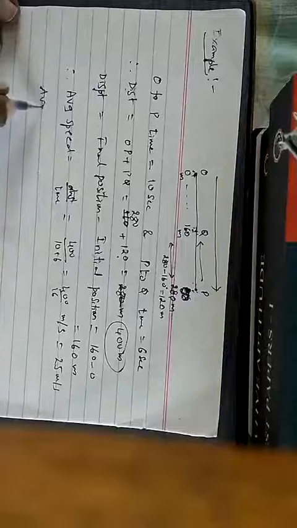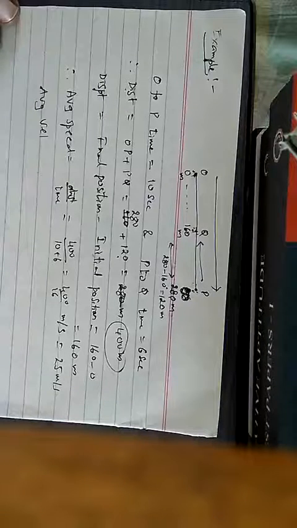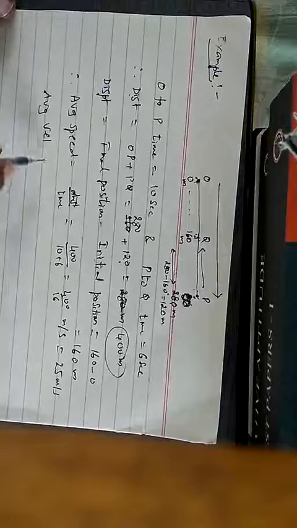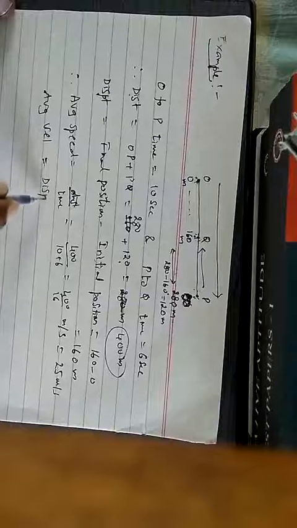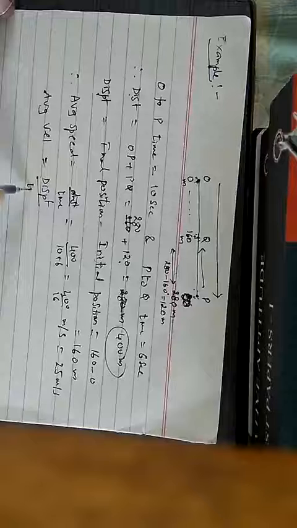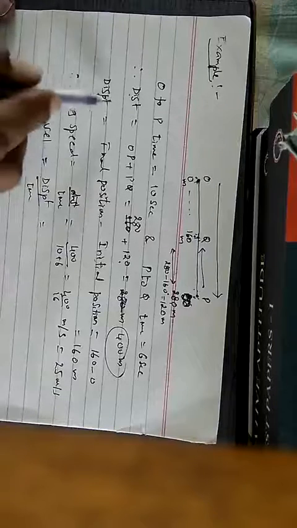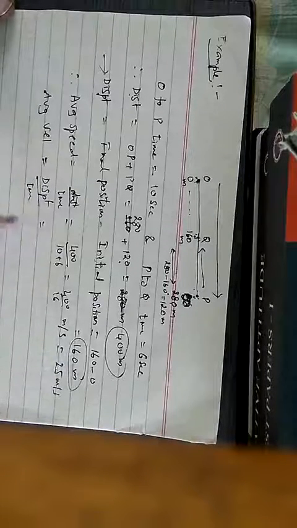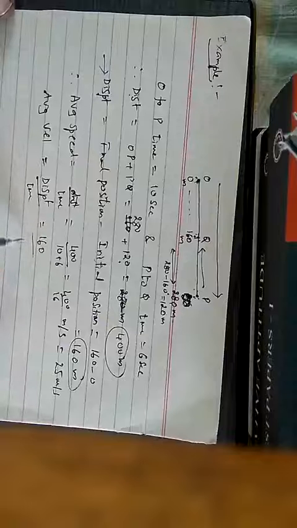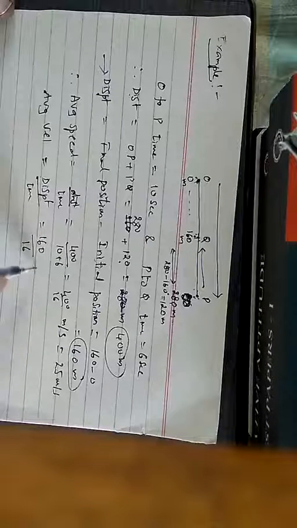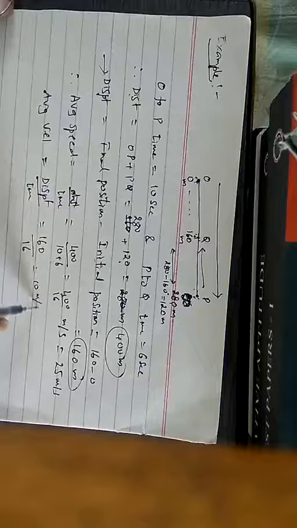Next, average velocity is equal to displacement upon time. Displacement is 160, upon total time 16, so it is 10 meter per second.